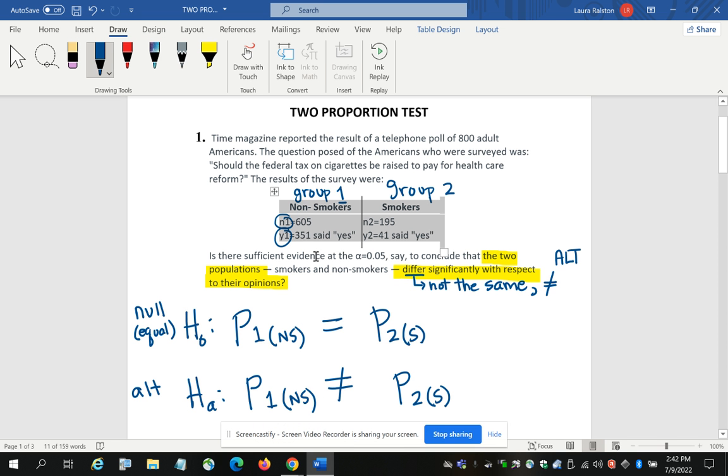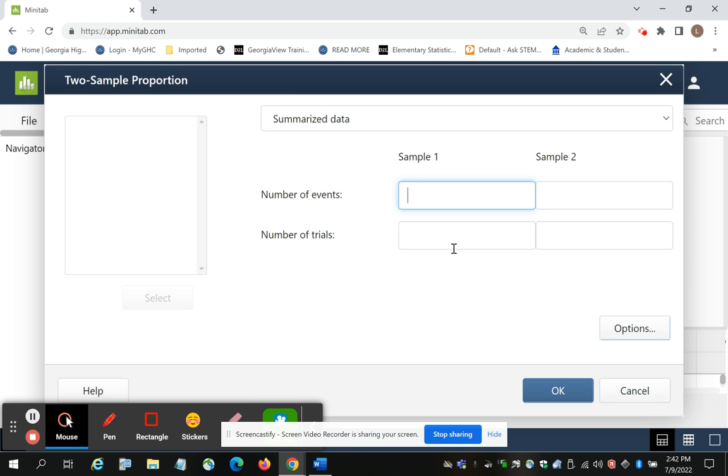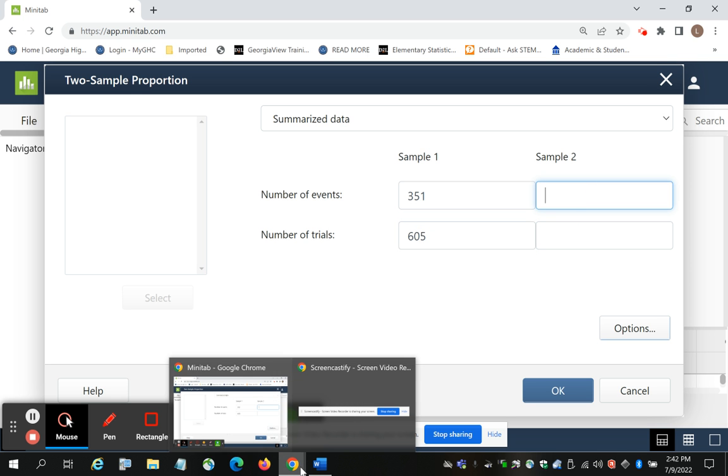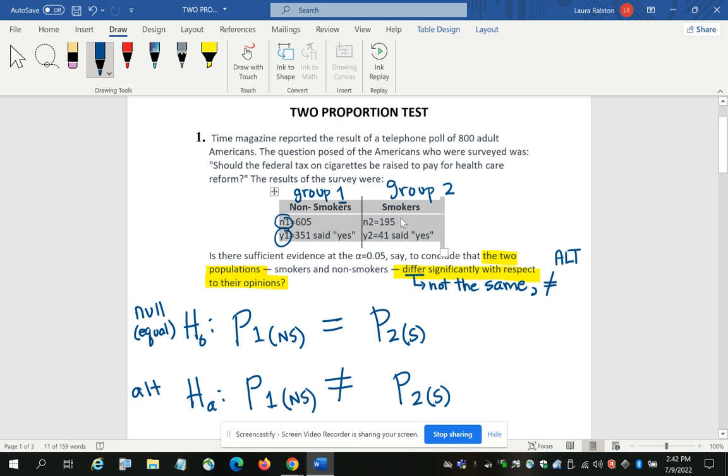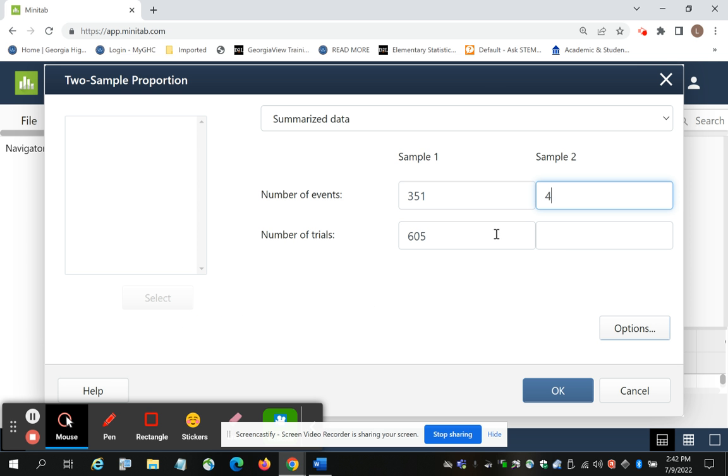If I look at the non-smokers, we have 351 who said yes out of 605. For sample 2, which is our smokers, we had 41 out of 195.